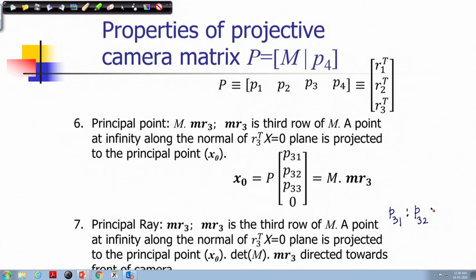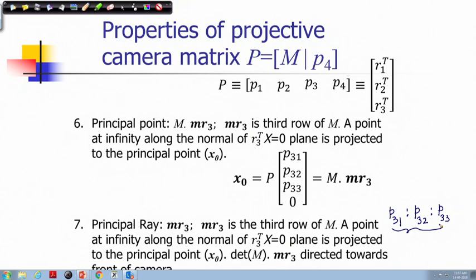This vector, this direction, provides the corresponding direction of the principal ray. Now, in the projective sense, the direction could be along the camera-centric coordinate z axis, or it could be in the opposite direction also.